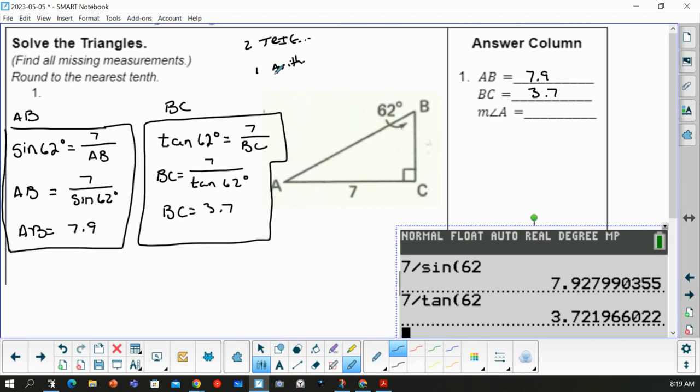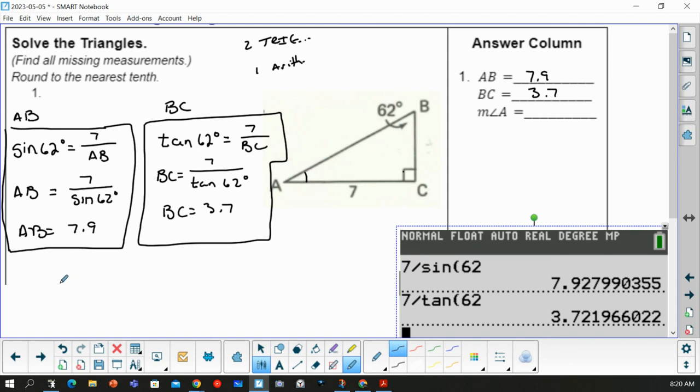Now we're going to use arithmetic to find this missing angle, angle A. Now, all 3 of these angles add up to 180. And so I'm going to do these the same way every time just so that we're consistent. Since this one is 90 right here, with all of these right triangles, the other 2 angles would also have a sum of 90.